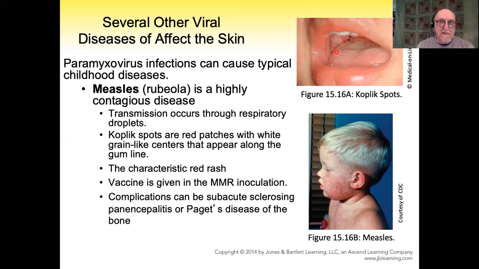There have been very good vaccines available for a long time. And it is usually given together in this vaccination here, the MMR. And this is the measles, mumps, and rubella inoculation. We're going to hear about each of those diseases as well, but of all of them, measles is the most serious and carries the greatest potential for really serious sequelae.